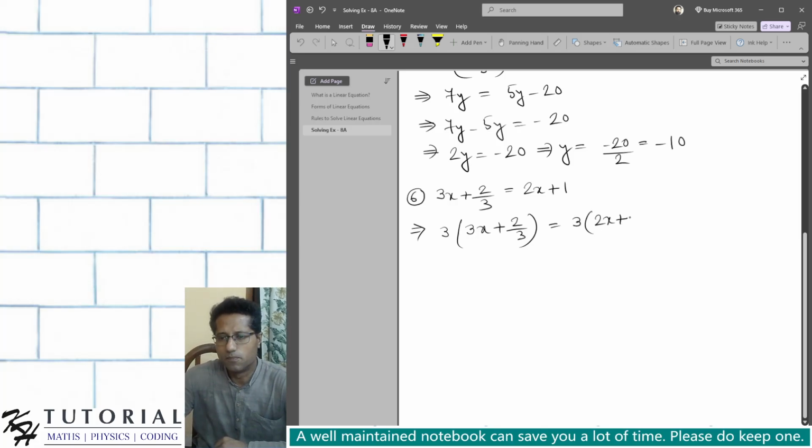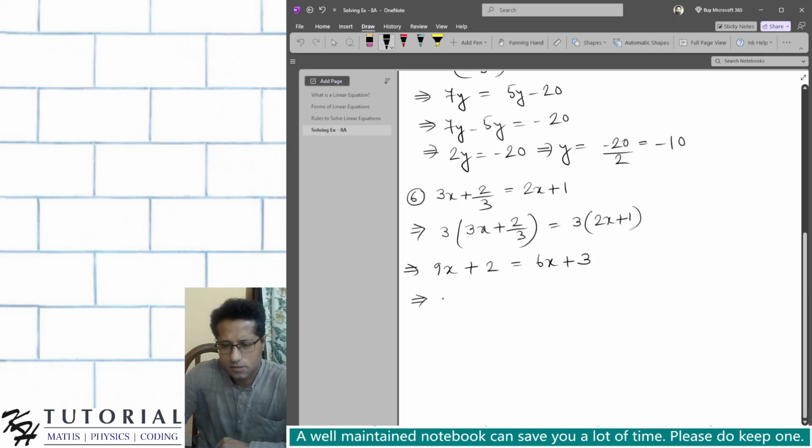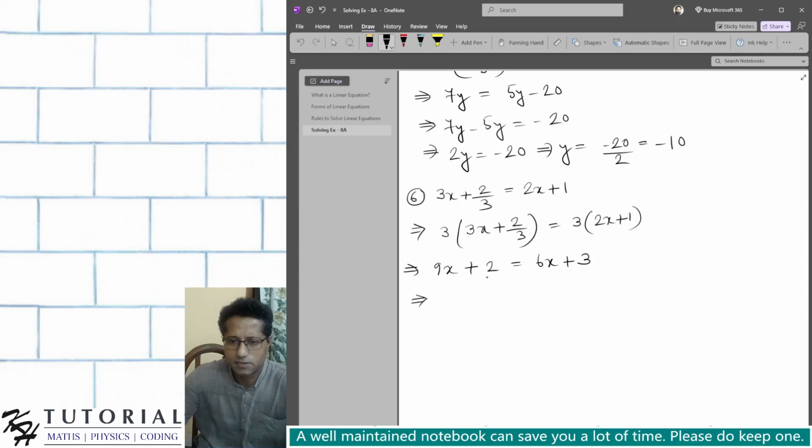and then we do the product and simplify further, the LHS becomes 9x plus 2 is equal to 6x plus 3. Now this becomes a linear equation in simple form. Now we will just transpose terms so that all the variable terms come to the left hand side and all the constant terms come to the right hand side.